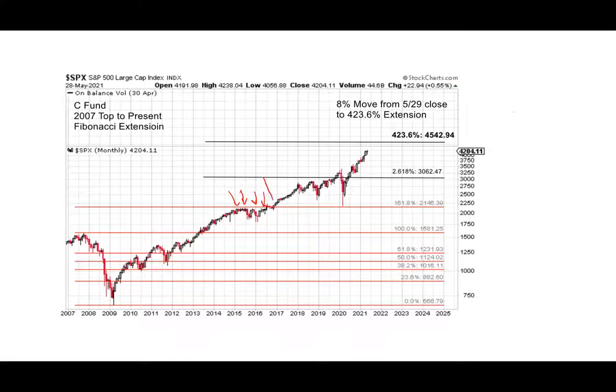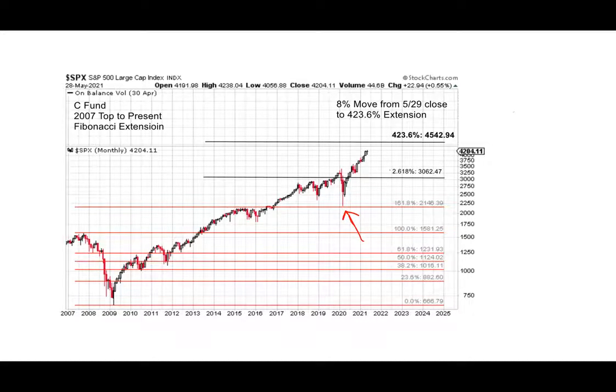And finally we broke out of it to the upside. So this is on a really long-term chart. The coronavirus correction right here took us back down to that 161.8 retracement level, right? So it acted as support at that point. And then we went higher.